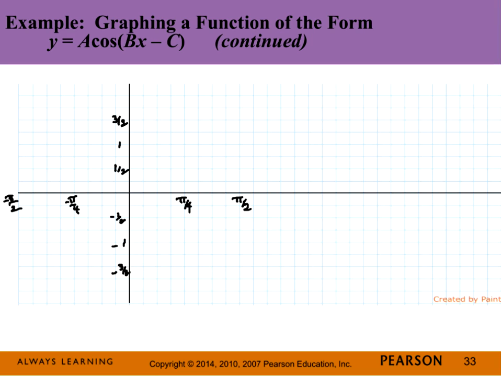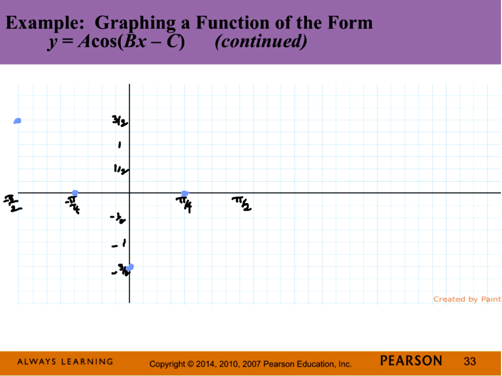All right, let's put this on the graph. So negative pi over 2, 3 halves. Uh-oh, my keypad's in the way. Here we go. Negative pi over 4, 0. 0, negative 3 halves. Pi over 4, 0.